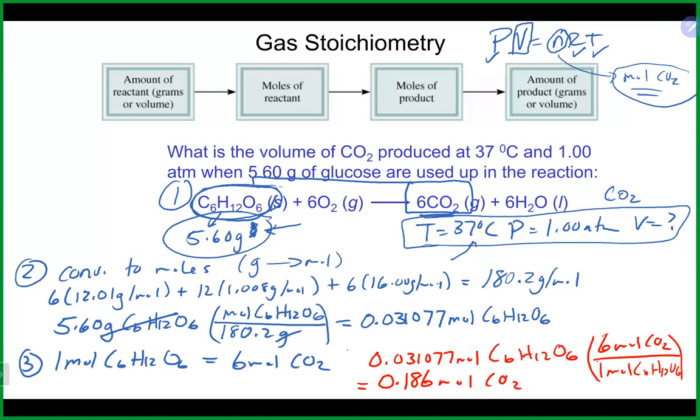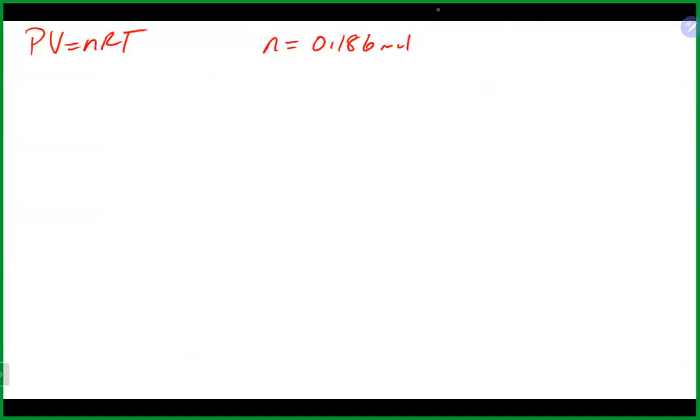So we got PV equals nRT. We just solved for 0.186 moles. And we have a temperature of 37 and a pressure of 1 atmosphere. And obviously here we always have R, which is given to us.